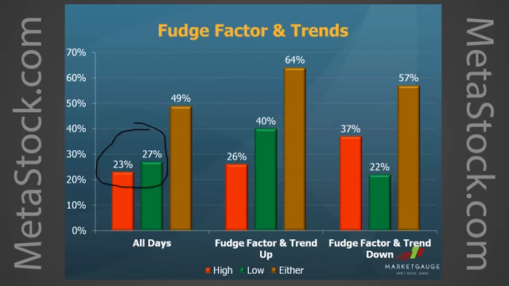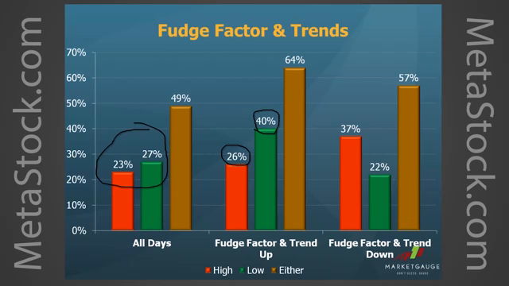Well, if I put a fudge factor on it and a trend, in other words, I say in order for me to consider the opening range high broken, I need to break 6% of the ATR, and I only look at that in situations where I have a bullish trend, that'll tell me that 26% of the time that high will be the high of the day, but 40% of the time the low will be the low of the day.